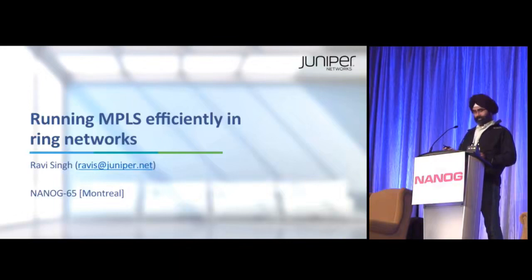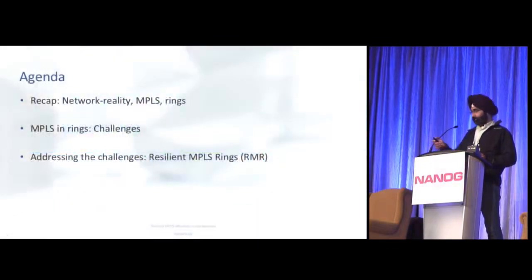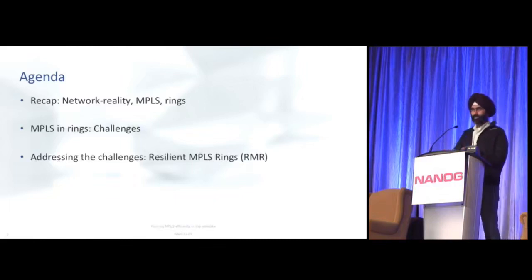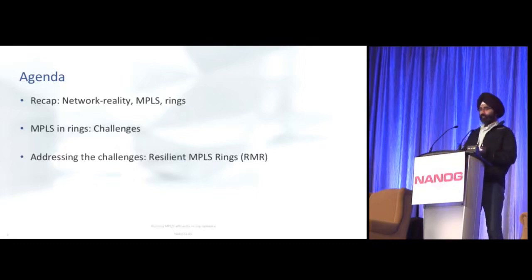So this presentation is essentially going to be in 3 parts. The first part is going to be a quick recap of what the network realities are and how MPLS enables those realities, and what the properties of the ring are, and why rings and MPLS haven't played along too well so far.